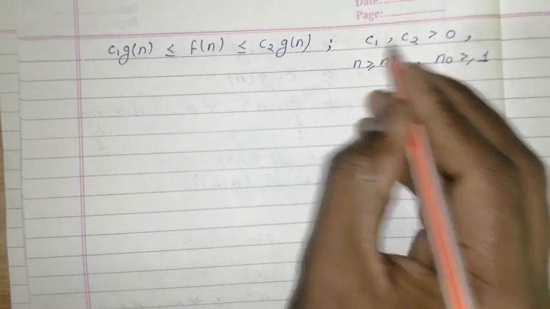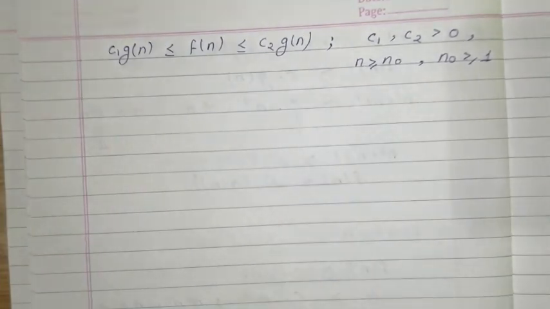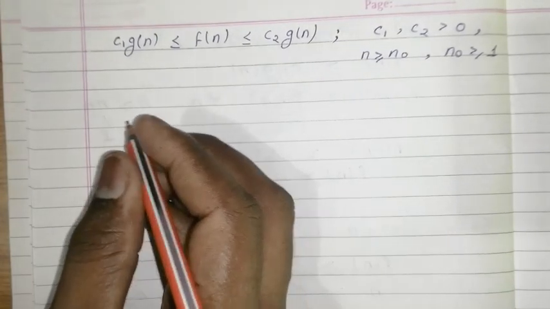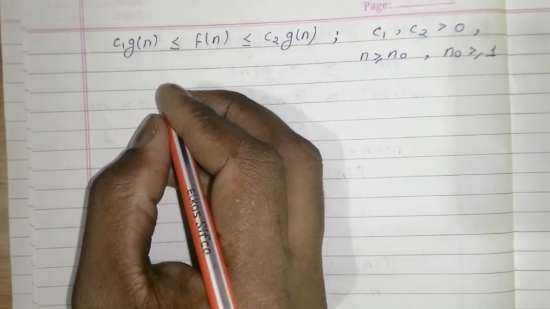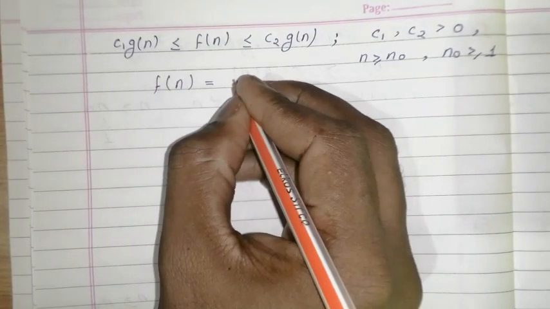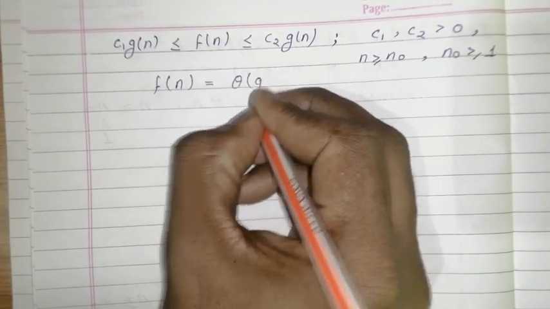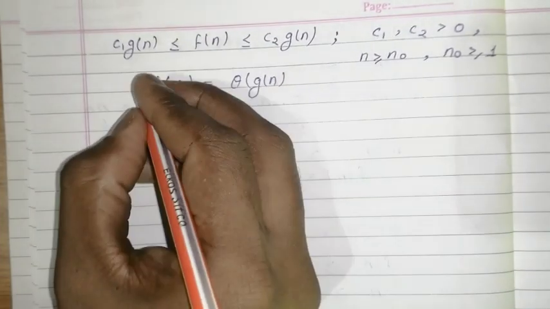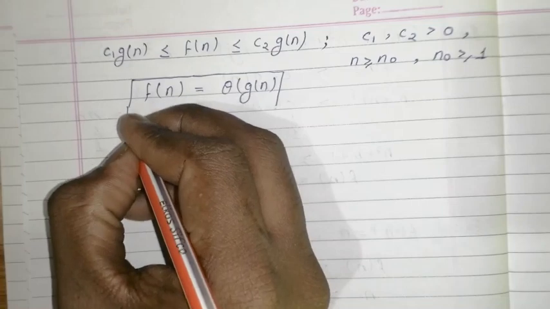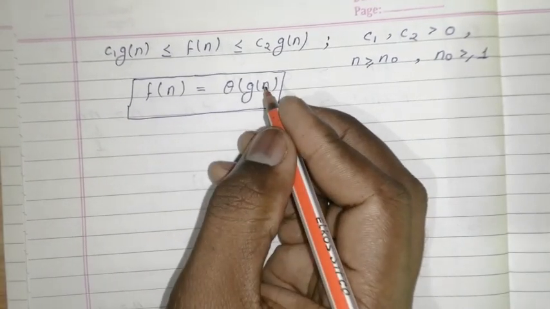Okay, where C1, C2 and n naught are three constants. So we can say f(n) is equal to theta of g(n).